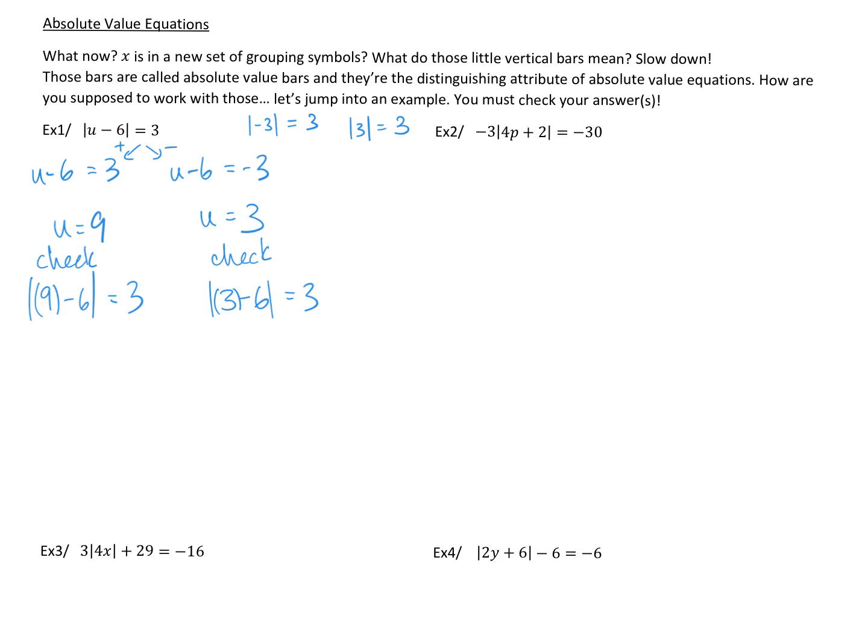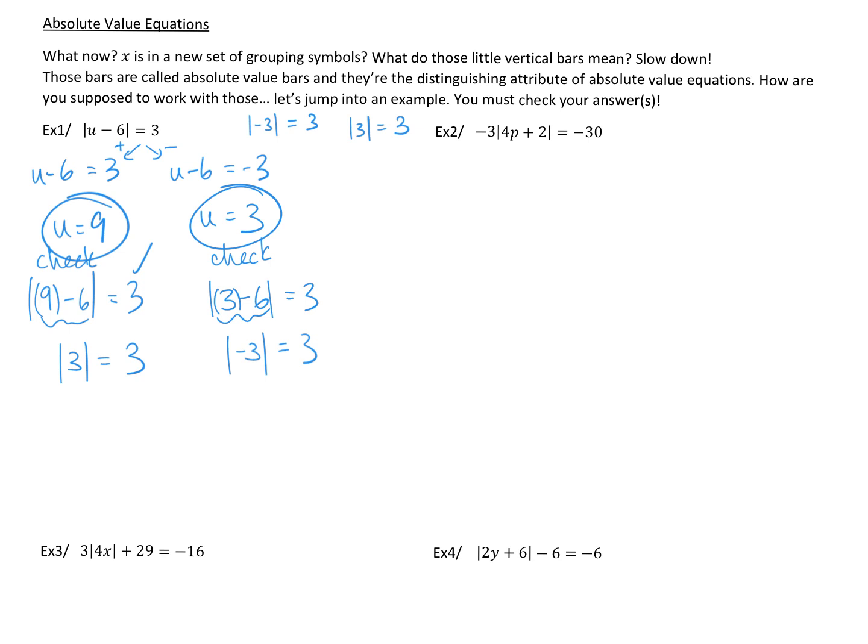So in the u equals 9 solution, we understand that this simplifies to 3, and the absolute value of 3 is 3, so this is a good answer. And in the u equals 3 solution, we understand 3 minus 6 is -3, but still in the absolute values is 3. So this is also a good answer.